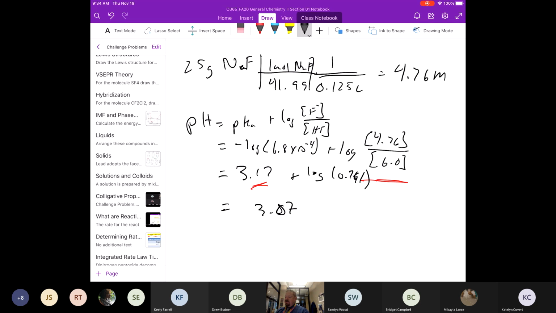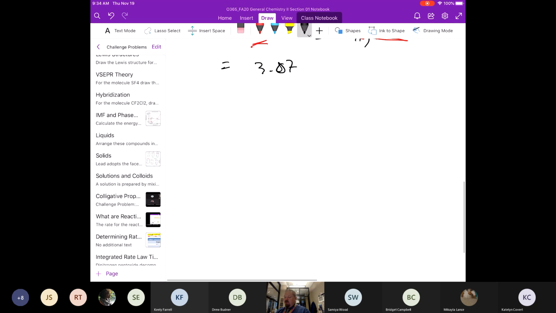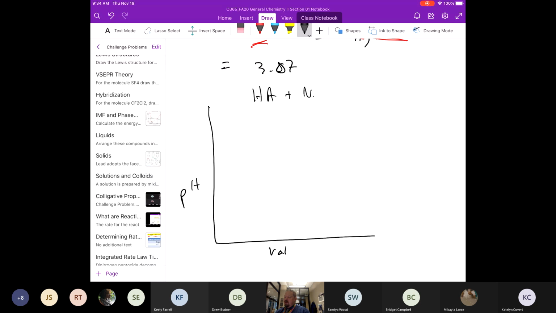Right? And this gives us a segue into what we did in the lab this last time, where we follow pH versus volume added for a titration. So if we're doing an acid, we're taking something like HA plus NaOH.